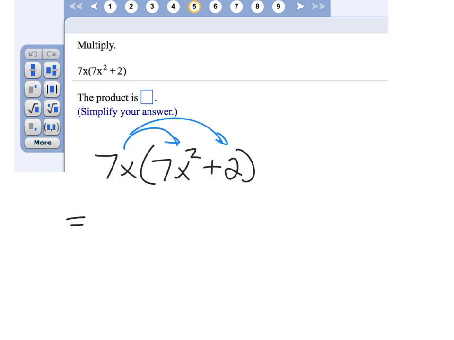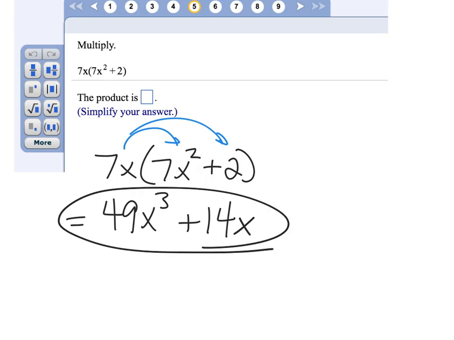So this is positive 7 times positive 7, so that gives you 49, and then this is x times x squared, so that's x cubed. And then you have positive 7 times positive 2, so that's positive 14. So it's positive 14, but here's an x, and there's nothing being multiplied over here, so you just put the x, and there is your answer.